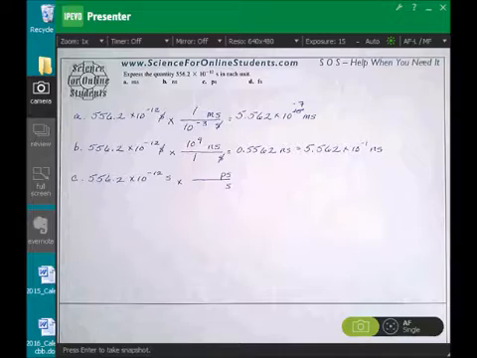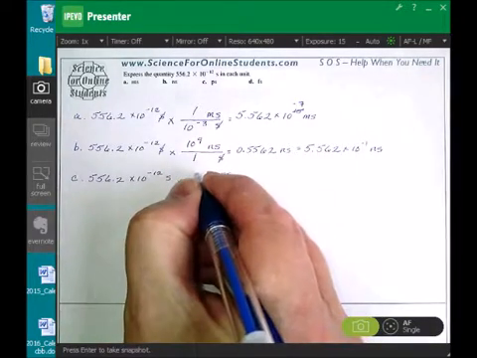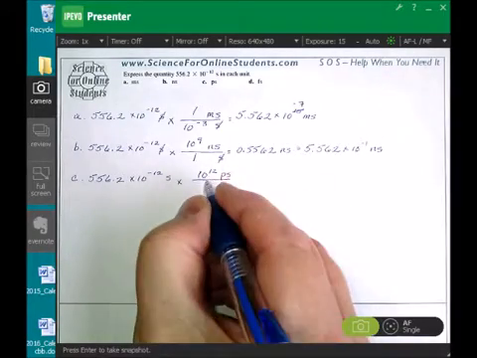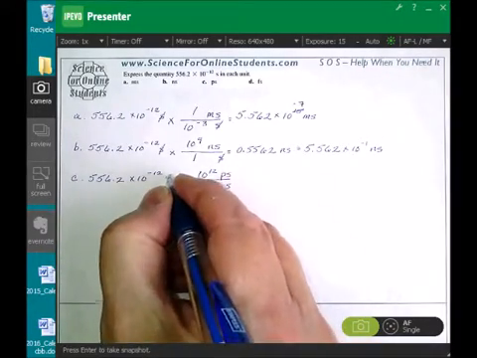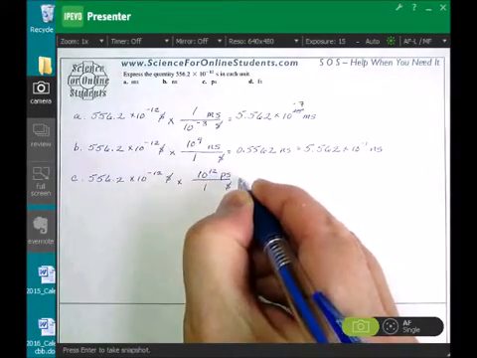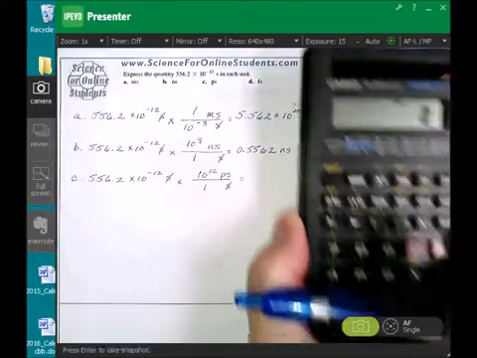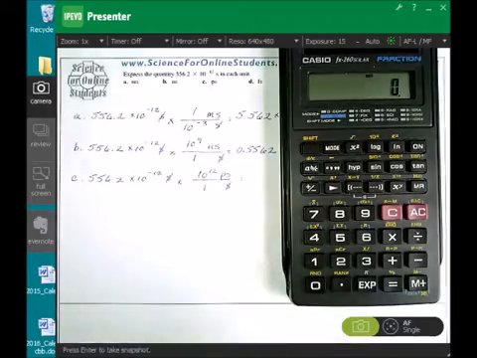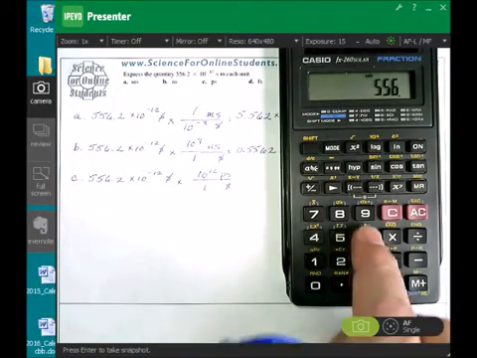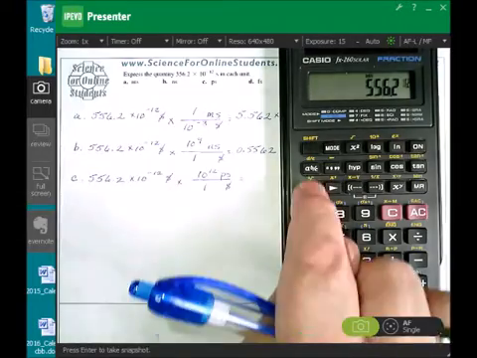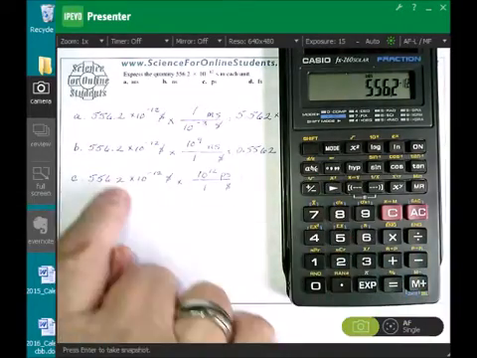So that means there are 10 to the 12th picoseconds in 1 second. And back to the calculator. 556.2 times 10 to the negative 12.